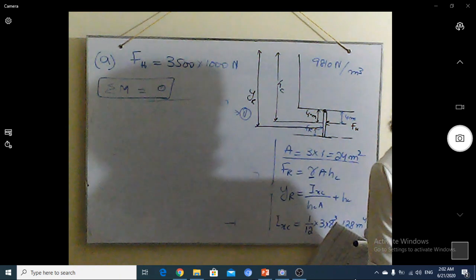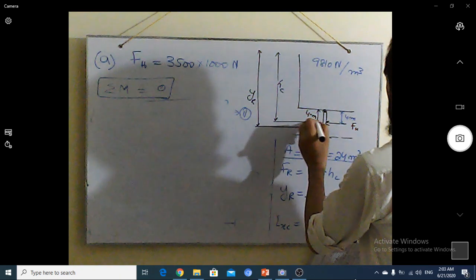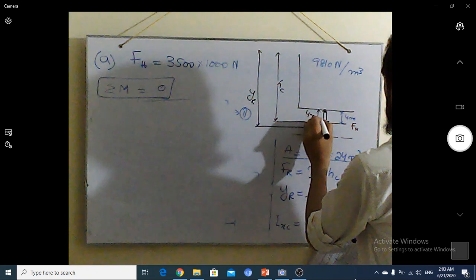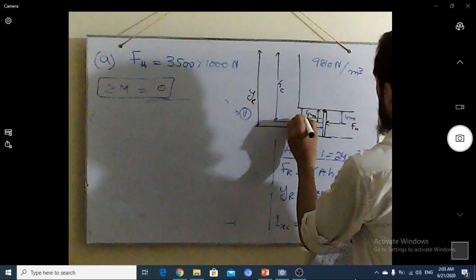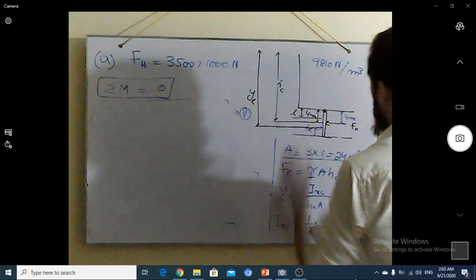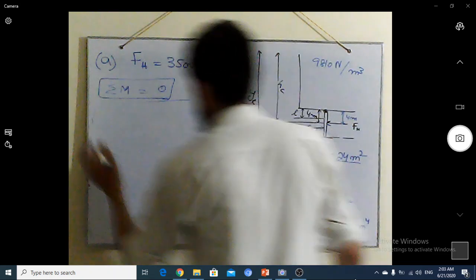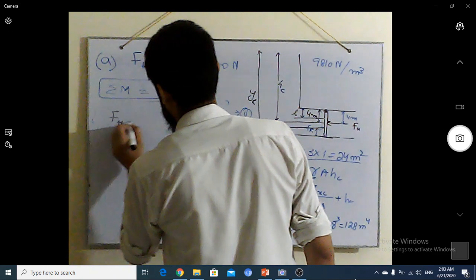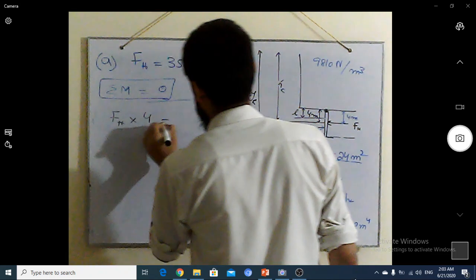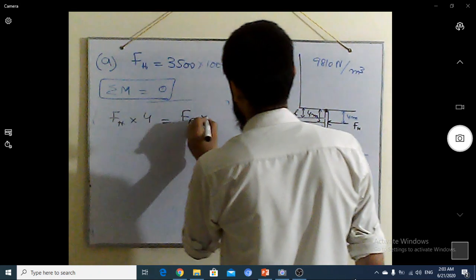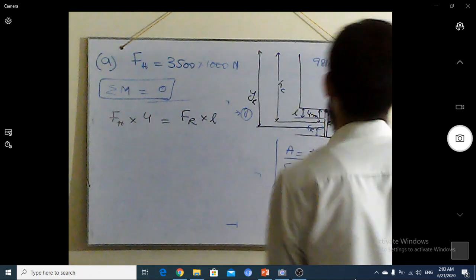L is present at a certain part here. Again, we will do it in a similar manner: FH multiplied by 4 is equal to FR multiplied by the length.